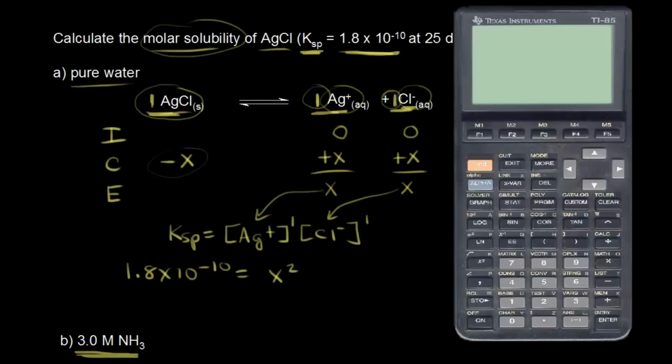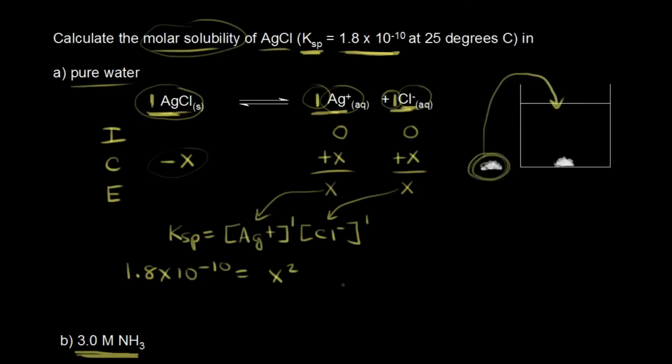So we can get out the calculator and solve for X. We take the square root of 1.8 times 10 to the -10, and X is equal to 1.3 times 10 to the -5 if we round that. So X is equal to 1.3 times 10 to the -5 molar.